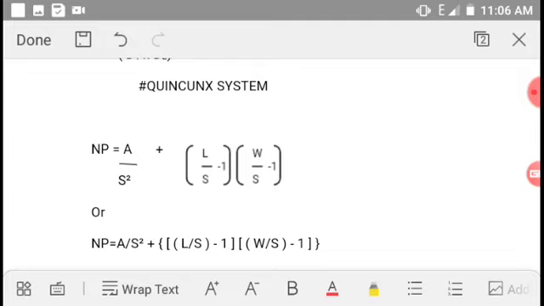Kaya mas maganda sana na isaalang-alang natin yung area natin bago tayo magsagawa kung anong klaseng system ang i-apply natin.